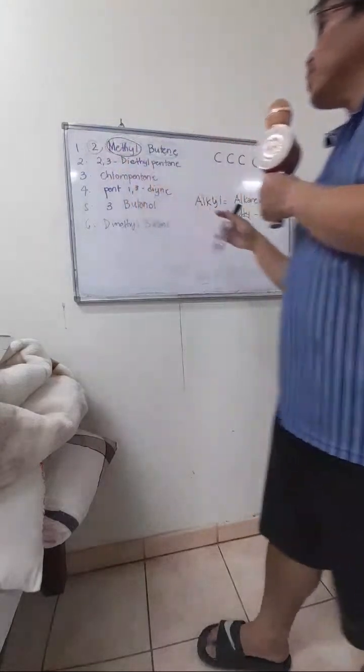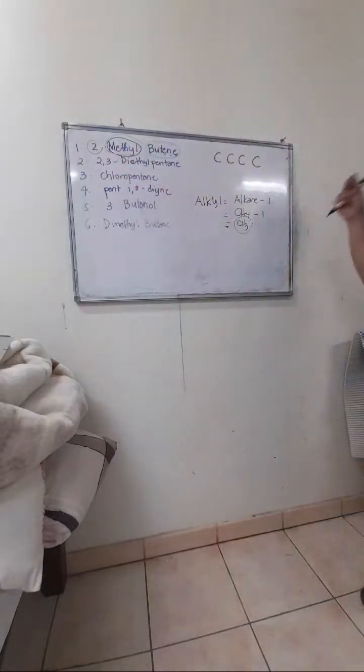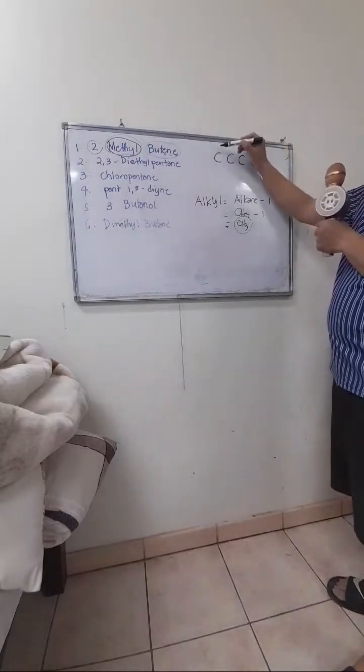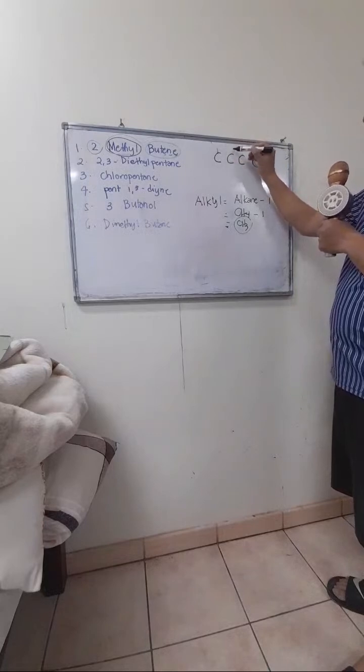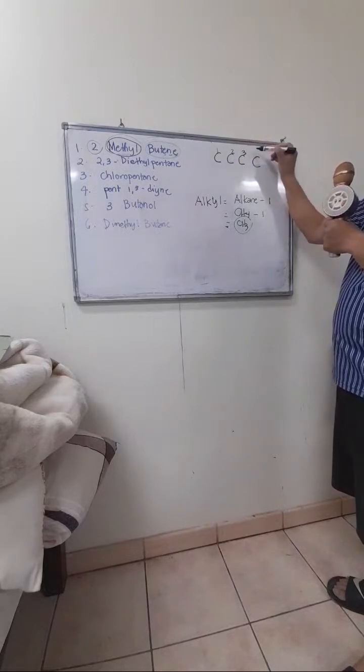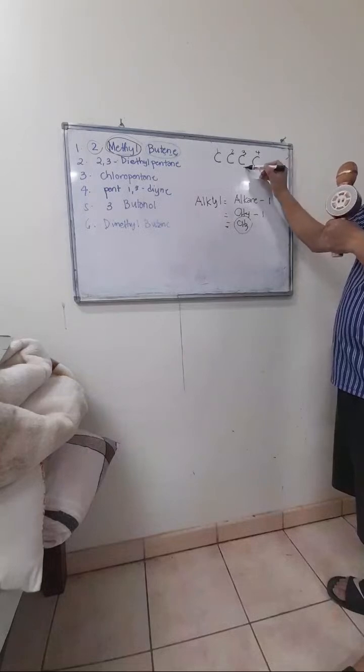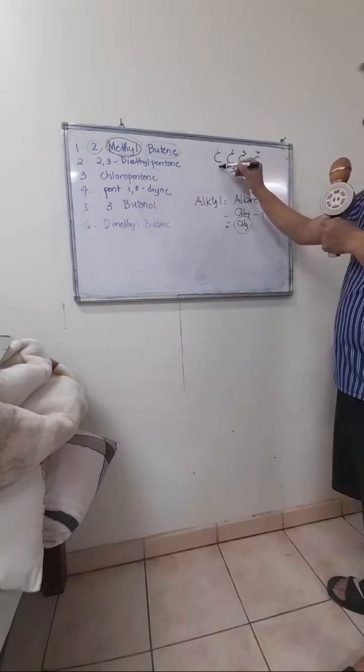So you need to put the double bond in carbon number 2. But before that, we need to count the carbon atoms first, from left to right, 1, 2, 3, 4, and from right to left, 1, 2, 3, 4.